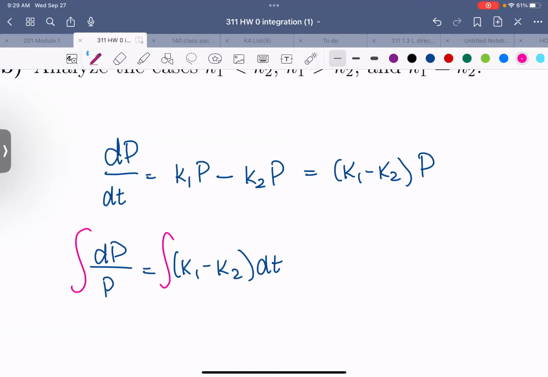Your strategy here should look similar, right? You've got your K1P and your K2P. Go ahead and factor out that P. So you have K1 minus K2, which is now just like a new constant, right? And that way I can divide by P on both sides and multiply by dt to separate.